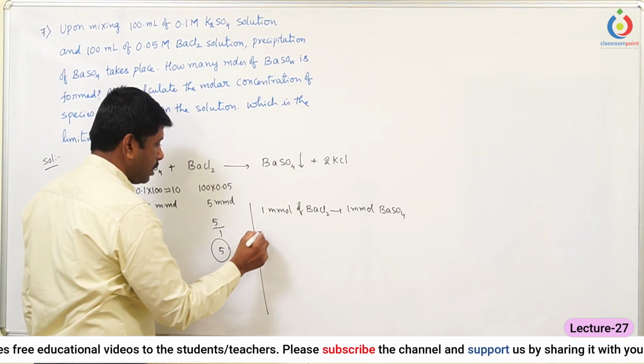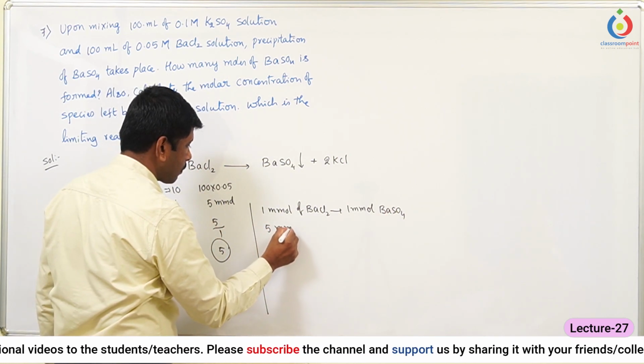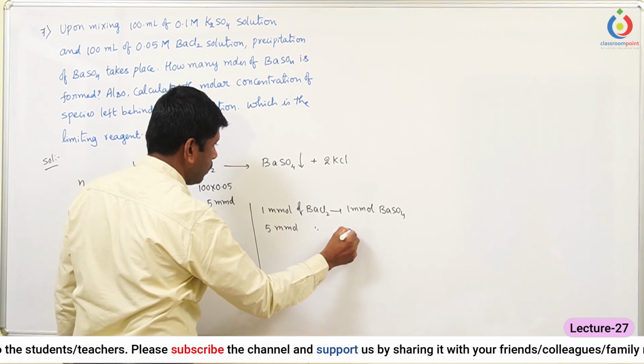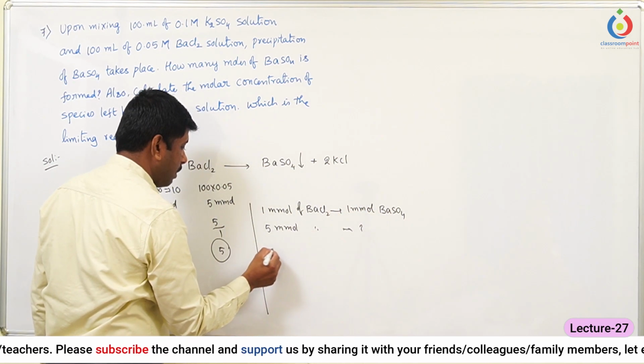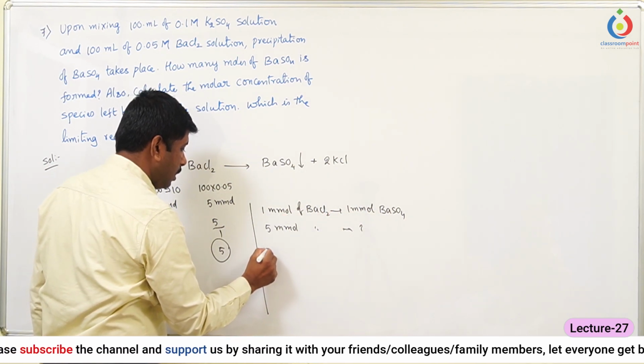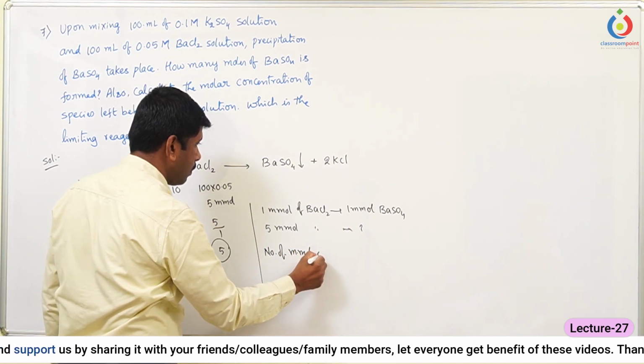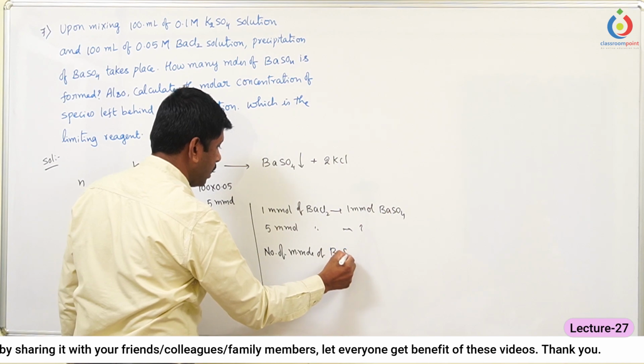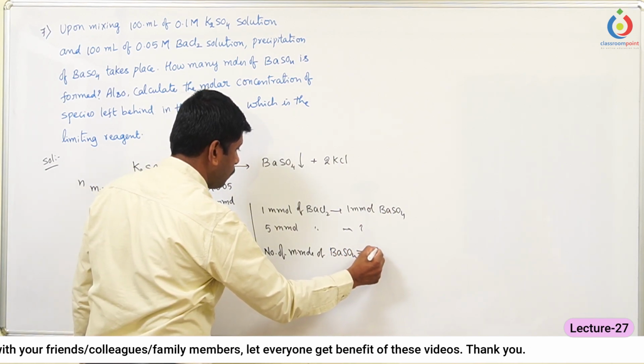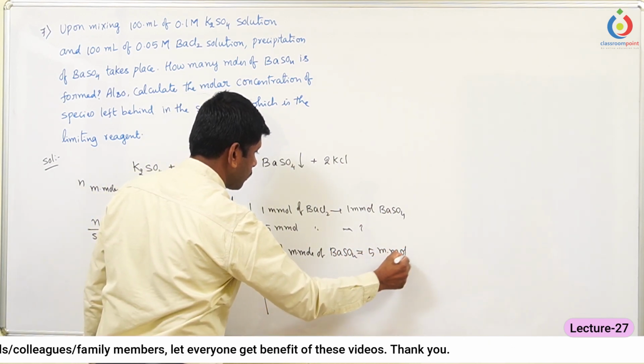Then 5 millimoles gives 5 millimoles. That means the number of millimoles of barium sulfate equals 5 millimoles.